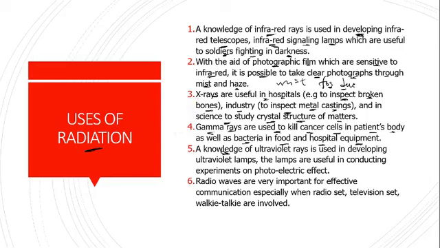The fifth is that a knowledge of ultraviolet rays is used in developing ultraviolet lamps, and these lamps are very useful in conducting experiments on photoelectric effects. Radio waves, finally, are very important for effective communication and transmission, especially in our radio sets, our television sets, or when walkie-talkies are involved in transmissions between military agencies.